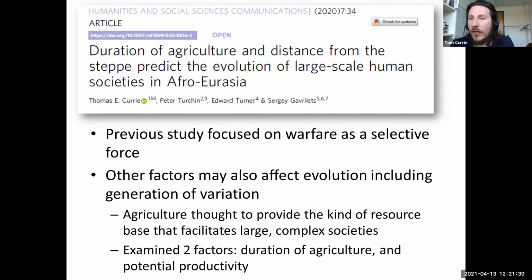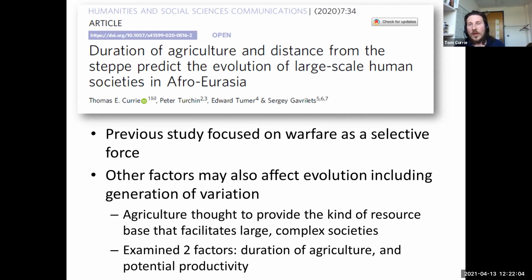There are going to be other factors that might affect the evolution of large-scale societies, including things that might affect the generation of variation, the generation of institutions that enable large-scale society. And a big one that we think is important, that everybody talks about in the literature, is agriculture.